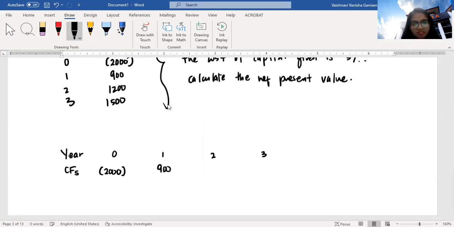Here 900, 1200, 1500. My discount factor is 5%. So here 1.000. Okay, guys, let's now calculate, or you can just copy and paste from your table, but I will suggest you to learn how to use the calculator, or learn how to use Excel, because then it makes your life a lot easier than expected.